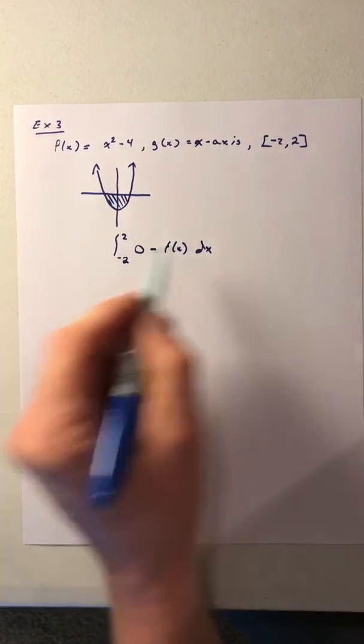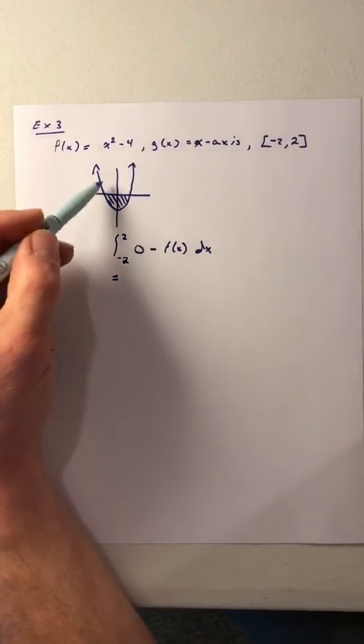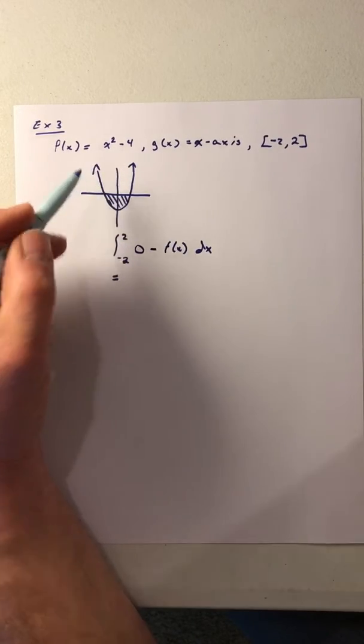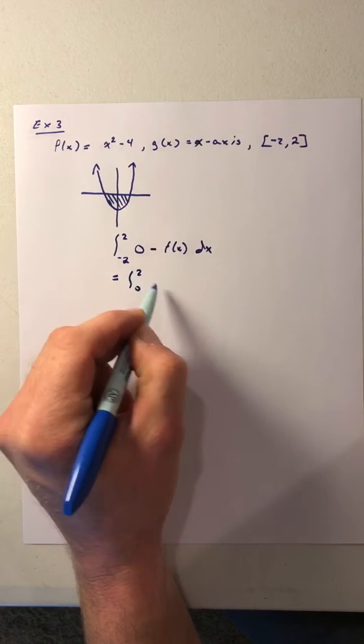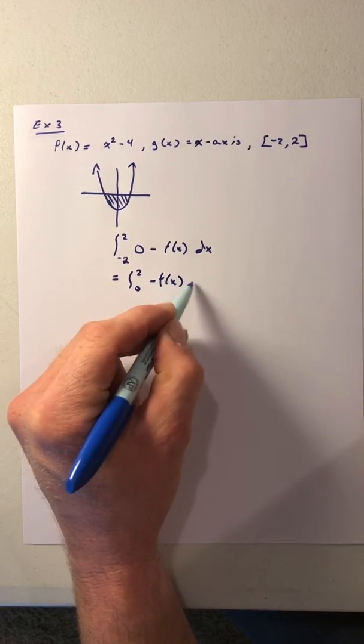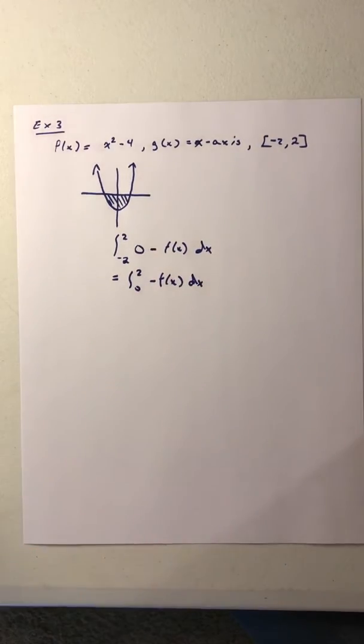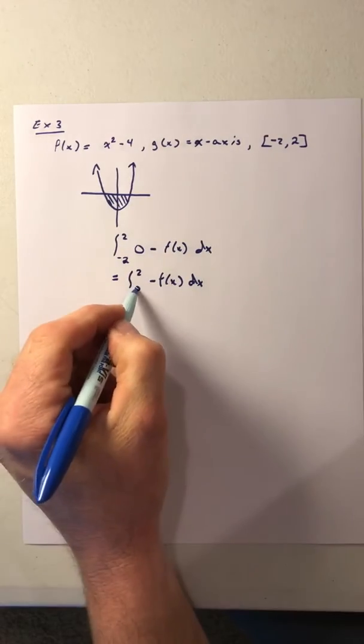Doing this by hand, we could also, since we know that this is an even function, we could split this in half and integrate just from 0 to 2 of negative f of x dx. And by hand, that 0 allows us to do a little more math a little easier in our mind.